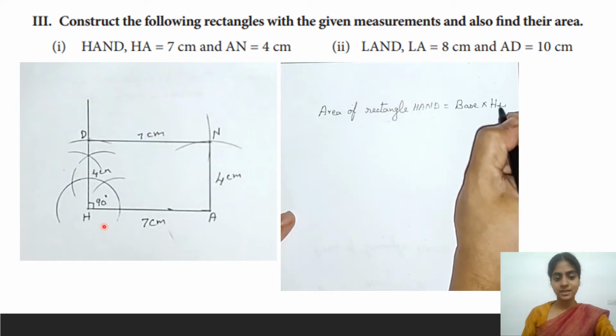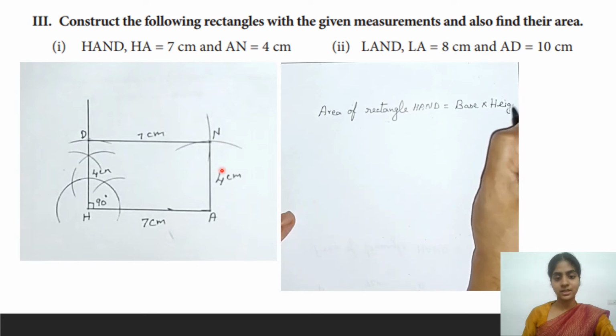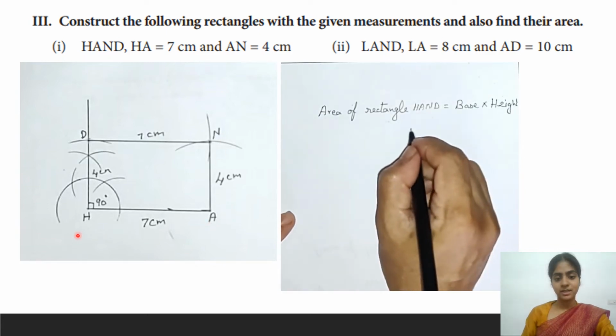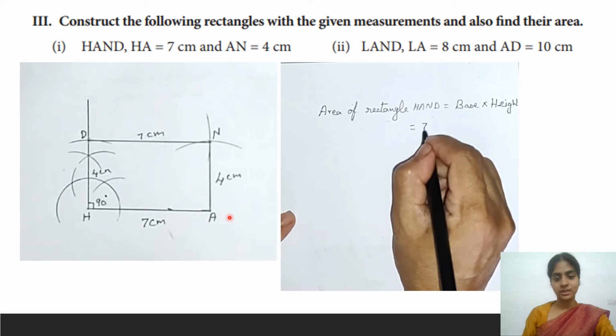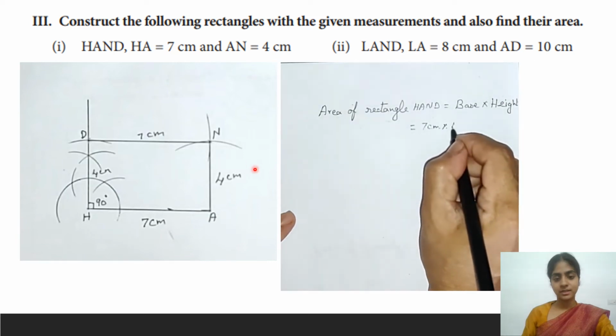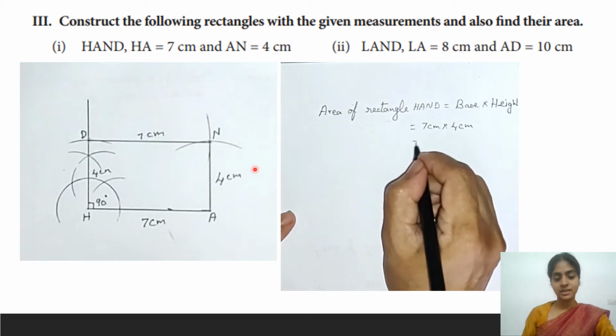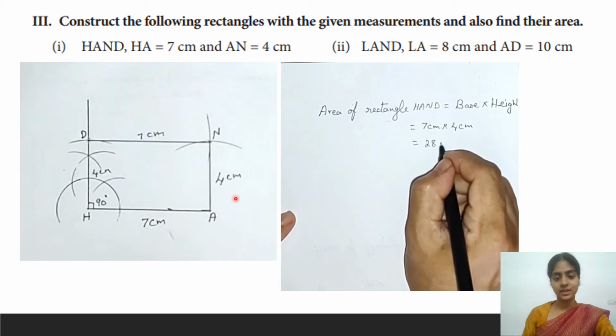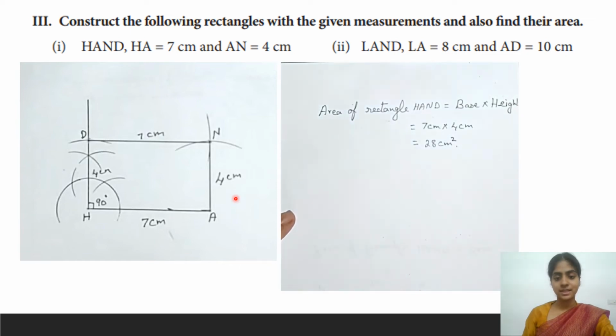So base is 7 centimeter here and height is 4 centimeter. So 7 centimeter into 4 centimeter gives you 28 centimeter square. Please ensure to make the correct measurement.